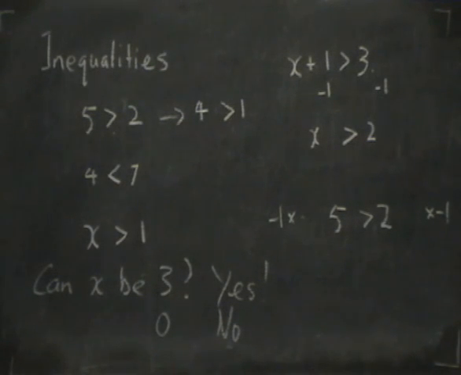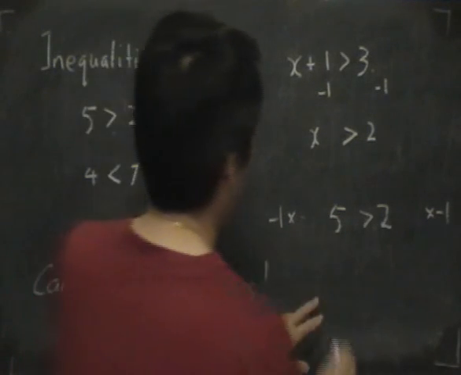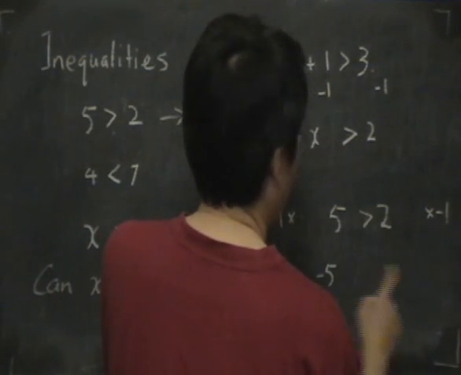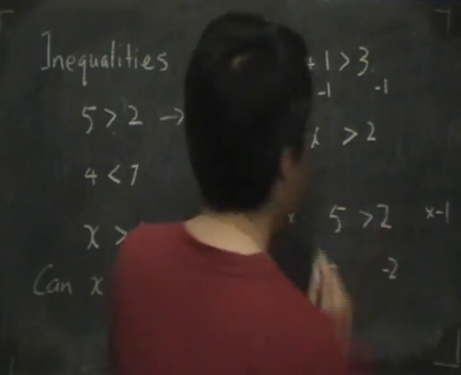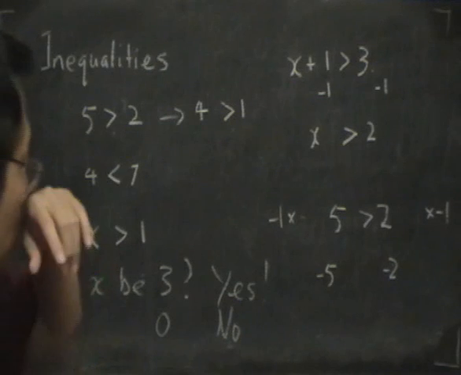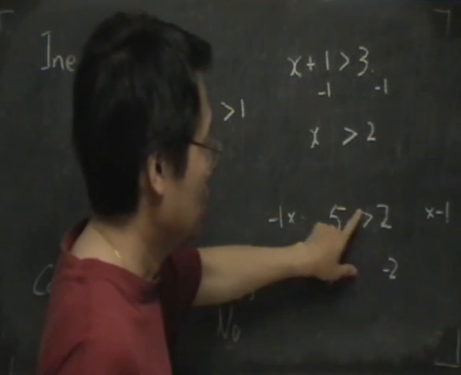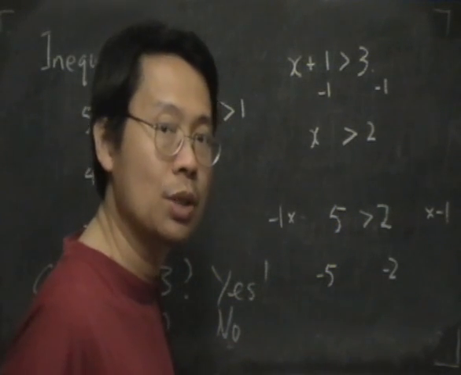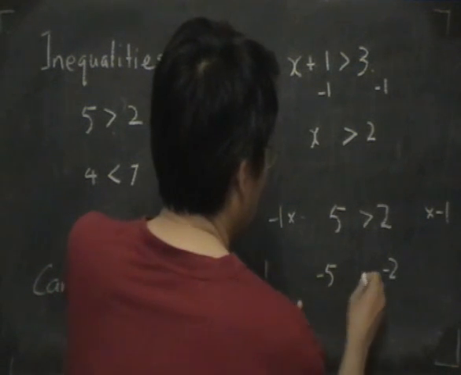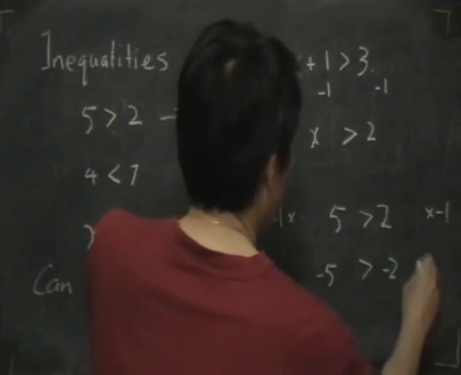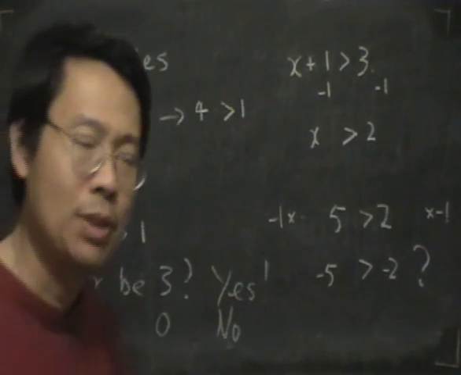What do I get? Minus 1 times 5 is minus 5. Minus 1 times 2 is minus 2. So after multiplying by minus 1, can I still say that this greater than relation is true? Can I say that minus 5 is still greater than minus 2?